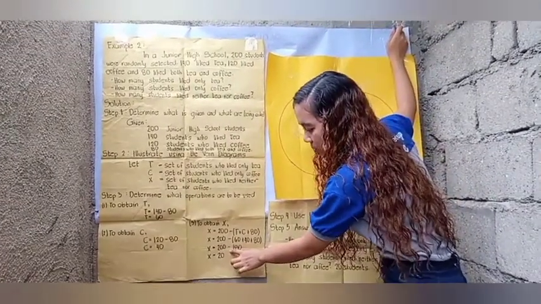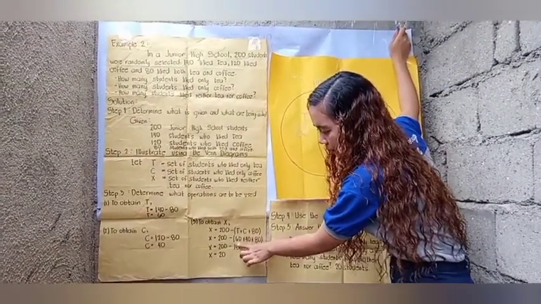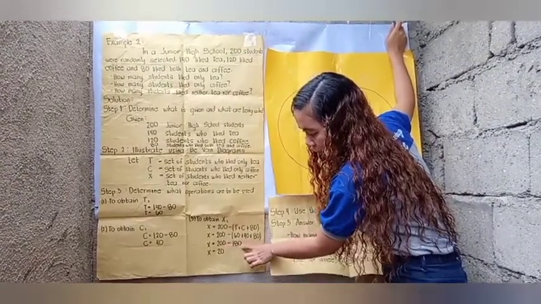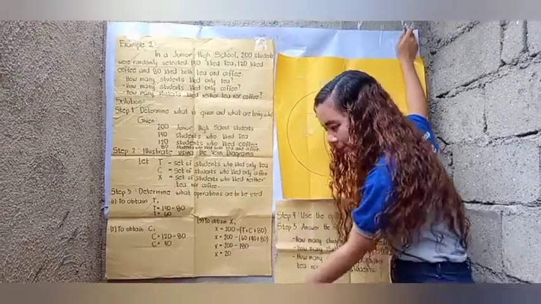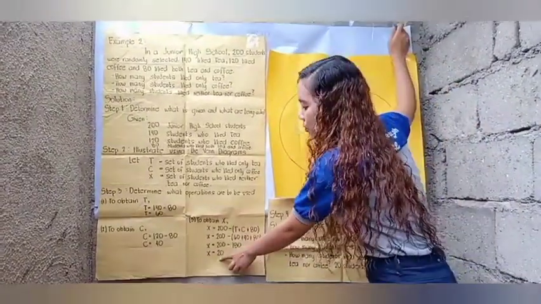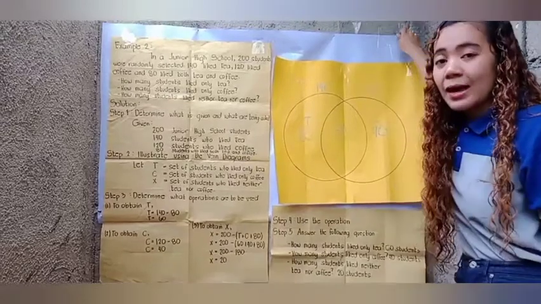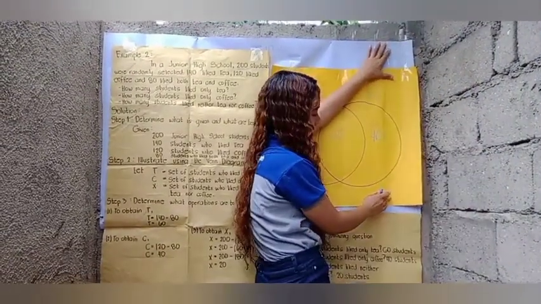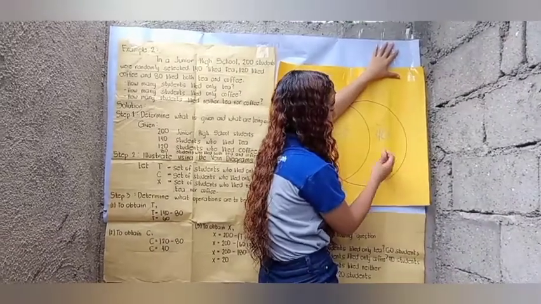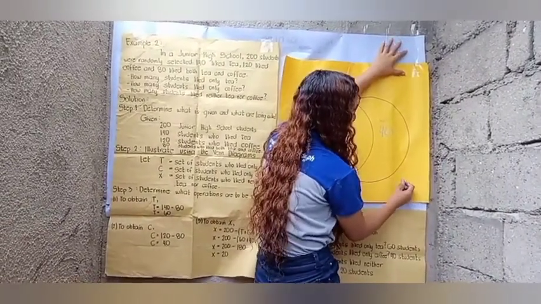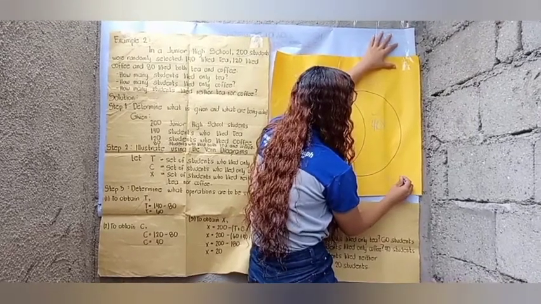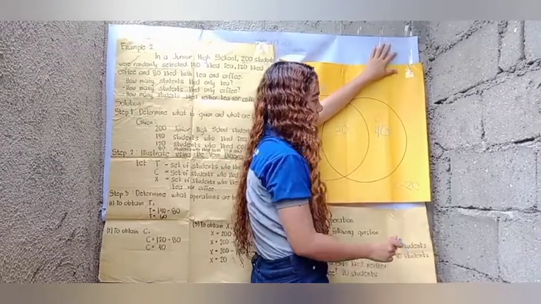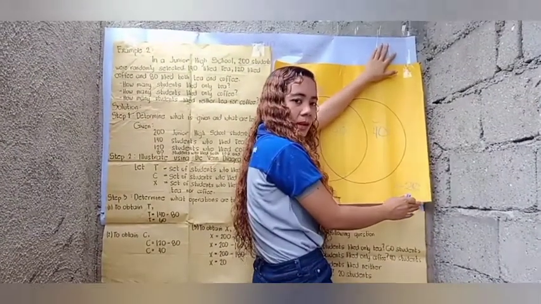So, 200 minus 180 is equal to 20. So, yung value ng mga students na ayaw ng kape at ng tsaa ay 20. So, 20 is nandito sa labas kasi ayaw nila ng tsaa at kape. And the value of x is equal to 20. Nagets mga bata? Nagets ba?